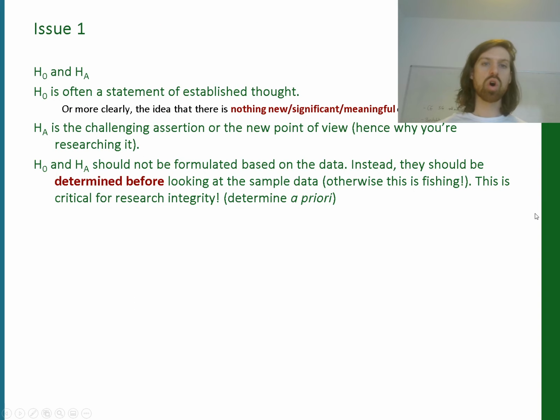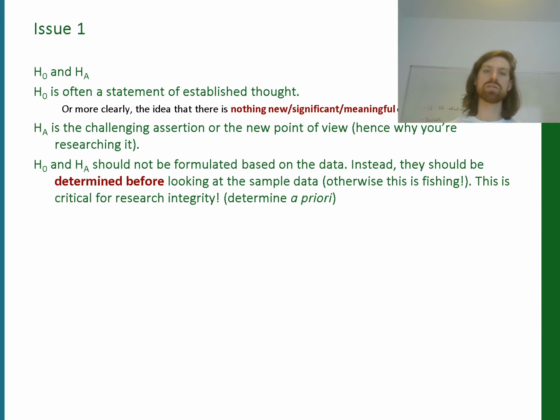So issue 1, because there are many issues with this type of work, I just need to go through them with you. So the null hypothesis is a statement of established thought. We've covered this already, that the null hypothesis is the business as usual case where there's nothing new, there's nothing significant, there's nothing meaningful, there's no relationship.